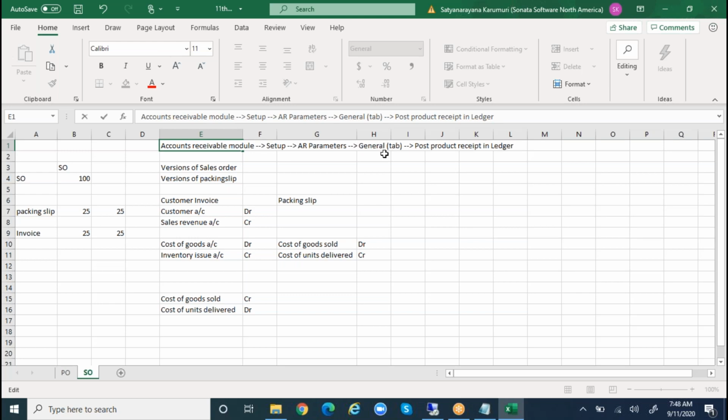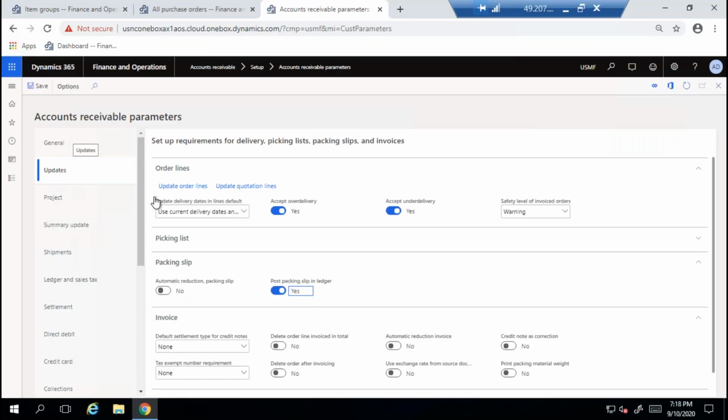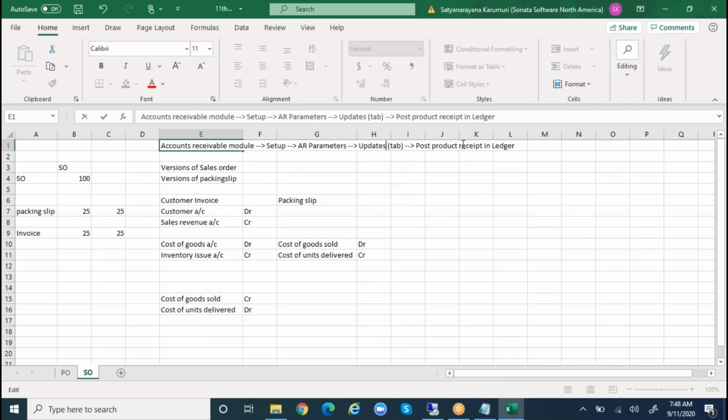This is not in the general tab, it is the updates tab. In this, post packing slip in ledger.